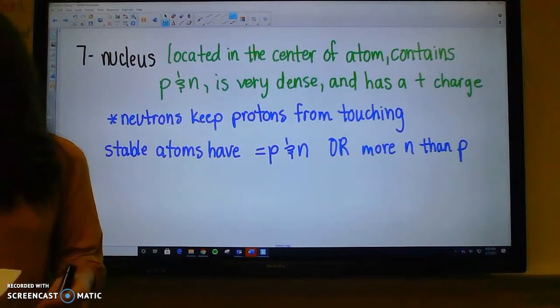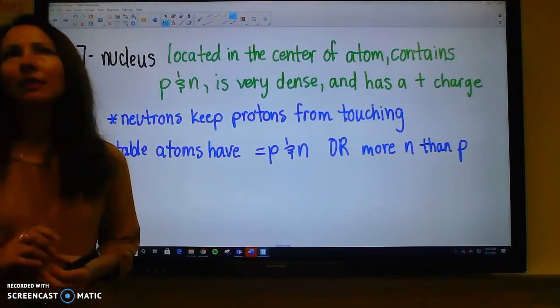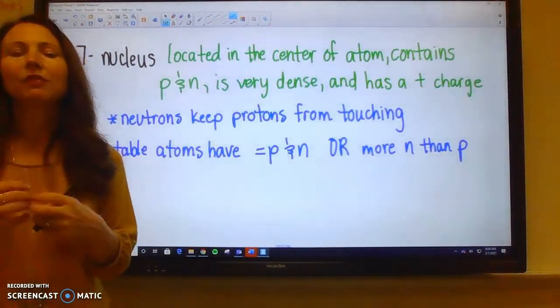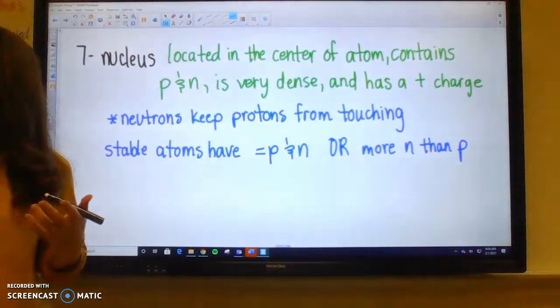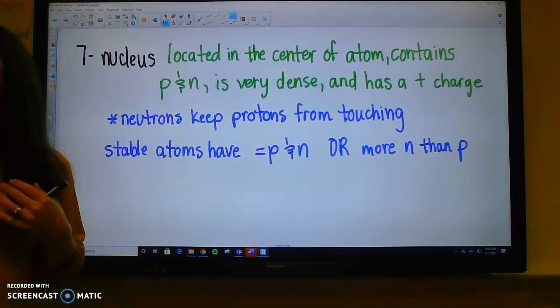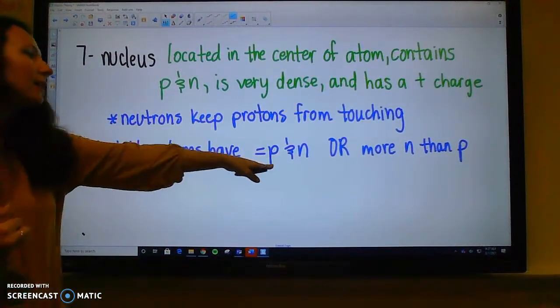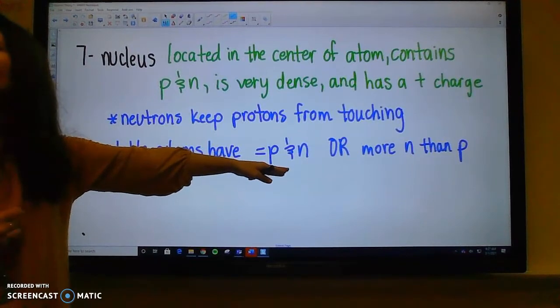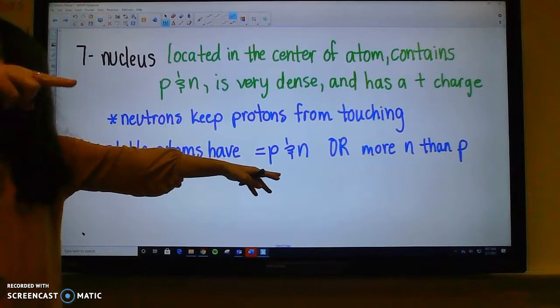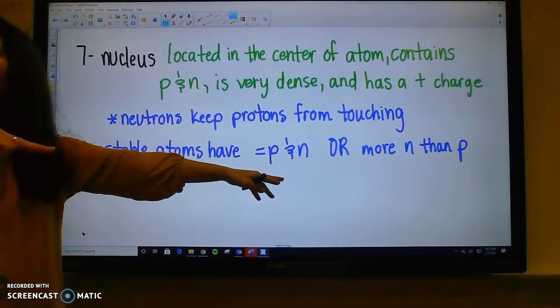Now, let me just say, in the simulation, you're going to see some different special cases, but for all purposes of you guys learning about this and on the test, we're going to say they can have equal number of protons and neutrons. So if you have a mass of like 12, you'll have 6 protons and 6 neutrons, make it even.